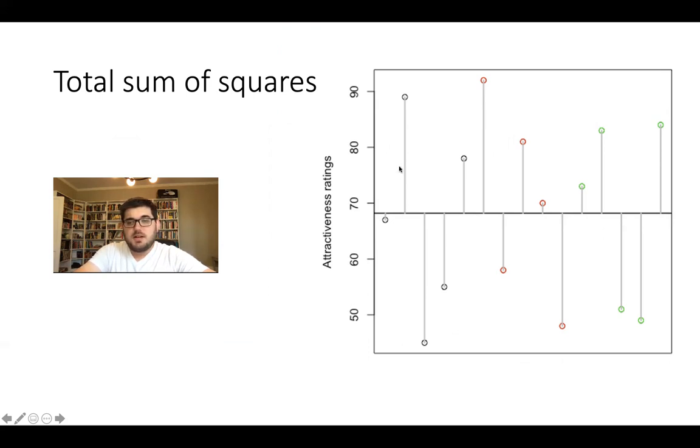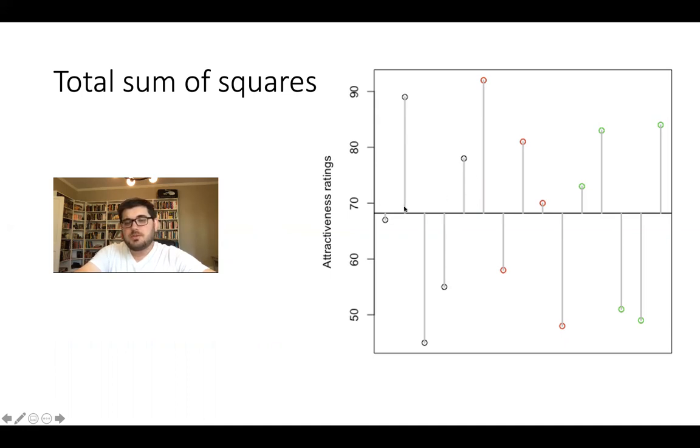The second non-coffee drinker was very attractive, just below 90 on the attractiveness scale. So each one of these points represents how far each person was away from the grand mean. And each of these gray lines represents the distance. How far away from the grand mean were you?